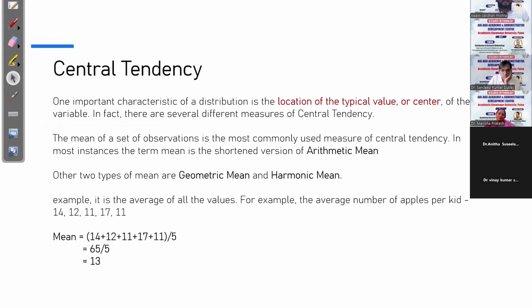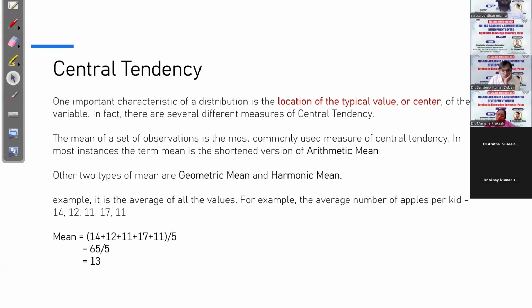So the basic thing we do in quantification is the central tendency. I'm not going into the details, but I'm elaborating on the point of central tendency. The data tend to centralize at one point. As most of you, I know, have heard about normal distribution, the data centralizes upon the mean.